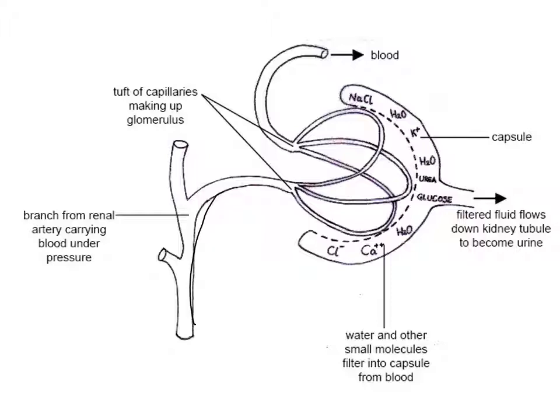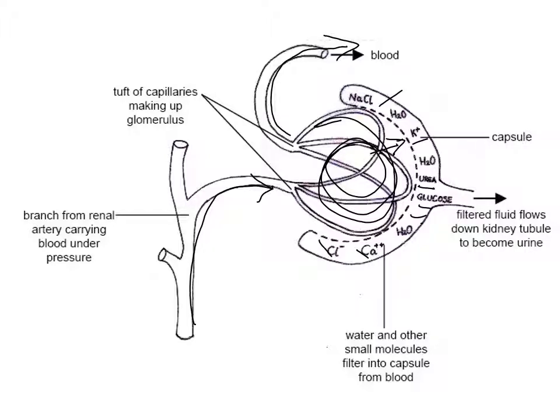So here is the renal artery branching into a bunch of capillaries and leaving as the renal vein. And so with the blood pressure force, it's forcing all the blood except the cells and big proteins. So they will move potassium, urea, glucose, calcium, chloride, sodium chloride, water.